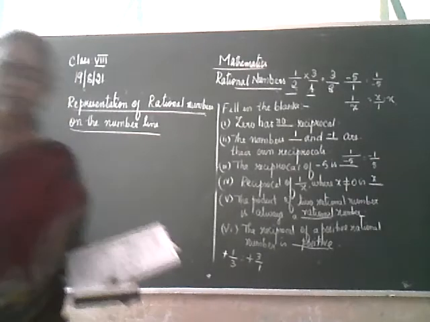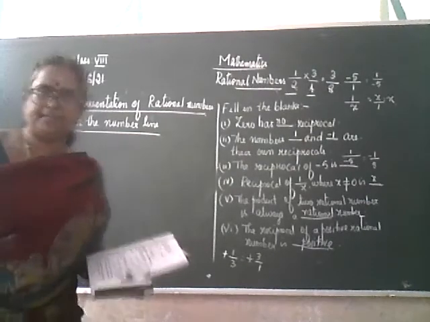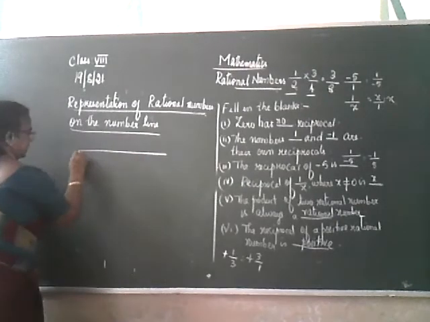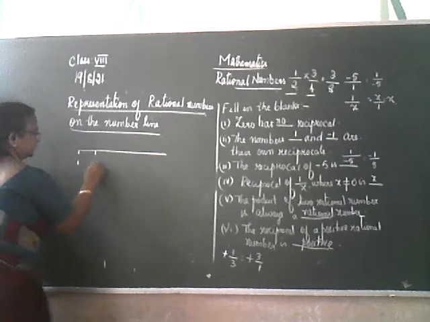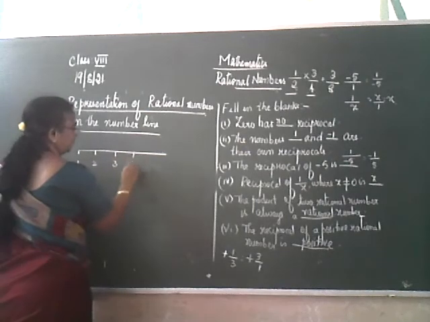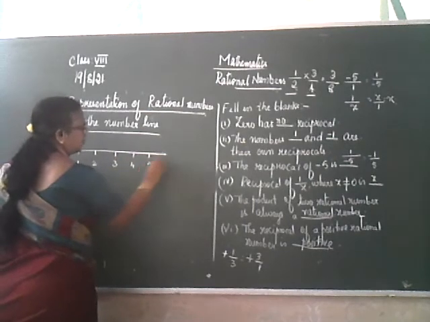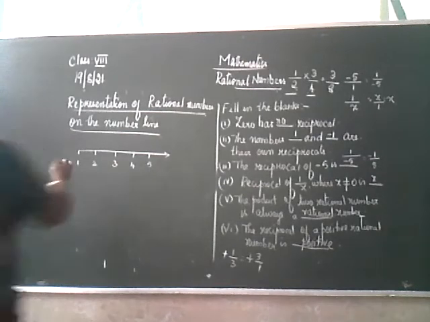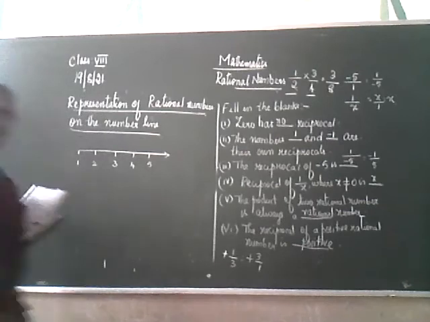Representation of rational numbers on the number line. You know, when I begin the natural numbers, I will begin with 1, 2, 3, 4, 5. It goes on. Okay. So, for the natural numbers, the line extends indefinitely on the right side of 1.